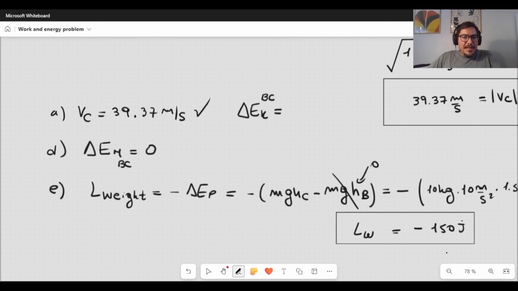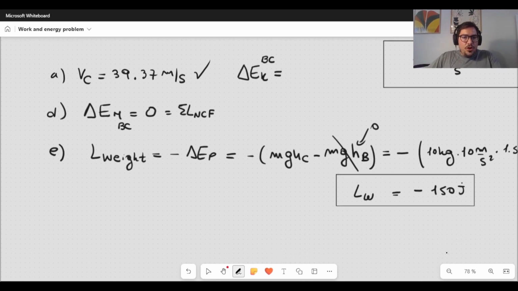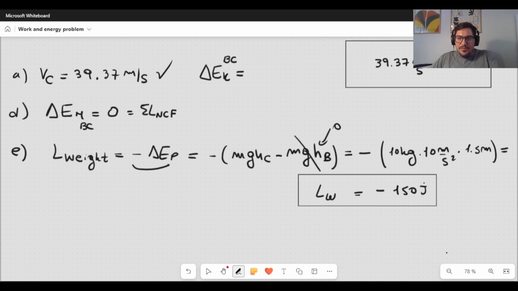The change in the mechanical energy, we said that is 0 because it's the sum of the works of the non-conservative forces. The work of the weight, you cannot calculate it directly because you don't know the angle, but we know that it's minus the change in the potential energy. And the change in the potential energy is mass gravity final height minus mass gravity initial height, that is height b.